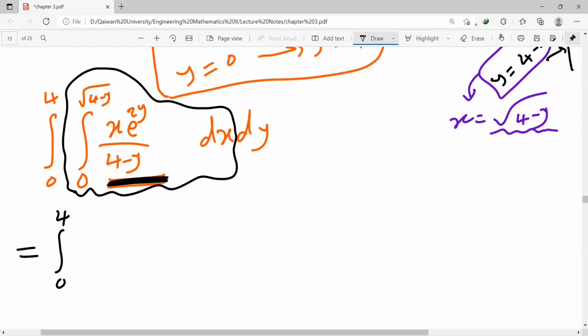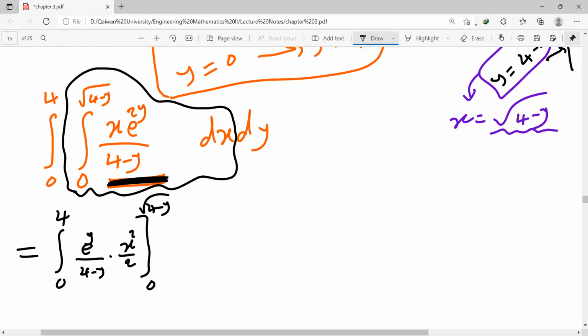The integration of this function is e to the power y over 4 minus y times x becomes x squared over 2. That's all. Now we put lower and upper limits, 0 to the square root of 4 minus y. What do we substitute by these two values?